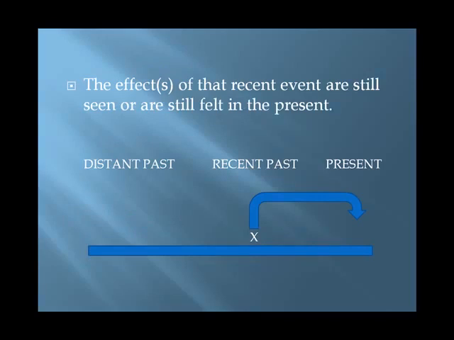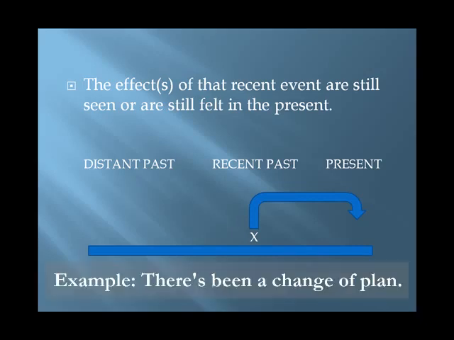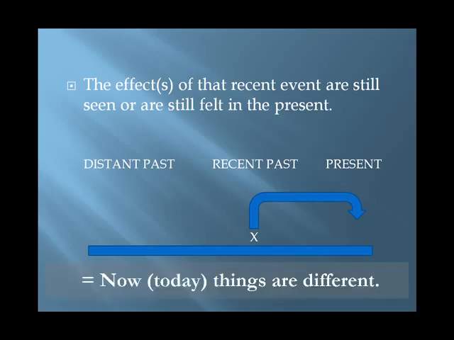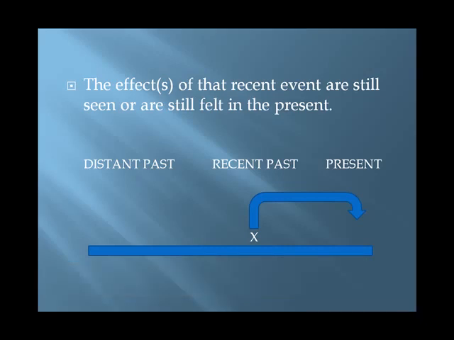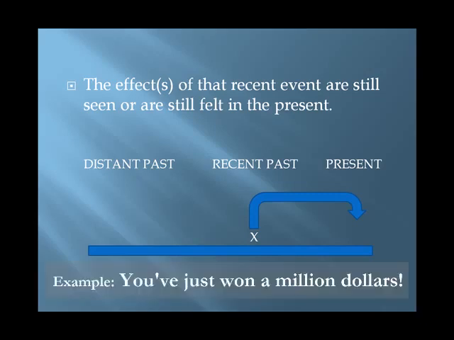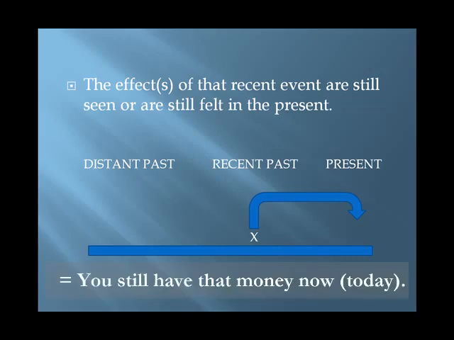For example, when I say there's been a change of plan, perhaps the change took place yesterday, but that means today things are very different. They're different from what we expected they would be. And if you've just won $1 million, perhaps you won that money yesterday, and you still have that money today.